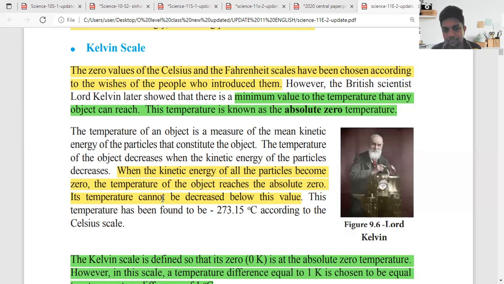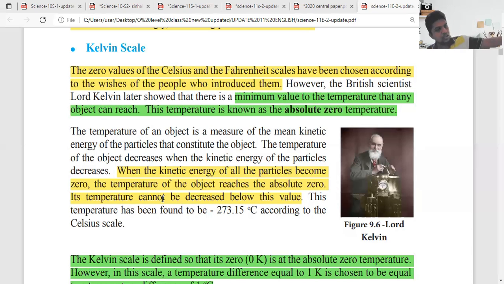The temperature of an object is a measure of the mean kinetic energy of the particles that constitute the object. The temperature of the object decreases when the kinetic energy of the particles decreases. When the kinetic energy of all the particles becomes zero, the temperature of the object reaches absolute zero. So here, he explained temperature based on the kinetic energy of the particles. Each and every object has particles, it can be atoms, and each particle has some kinetic energy.